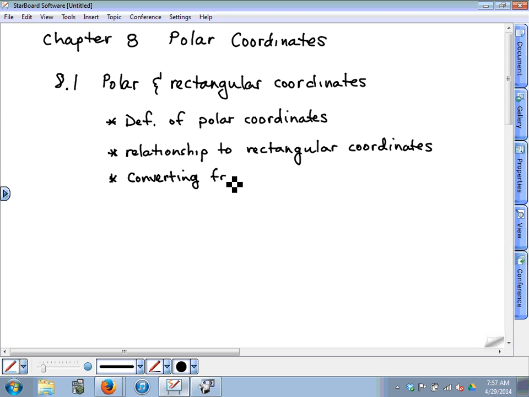And converting, well, I'm actually going to write it this way. We're going to go in both directions, to and from polar and rectangular coordinates.